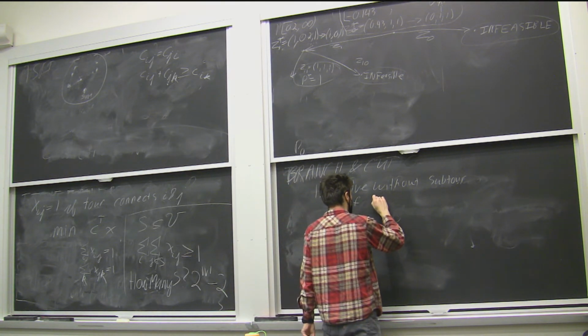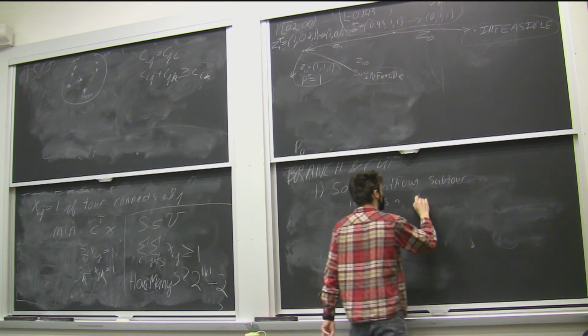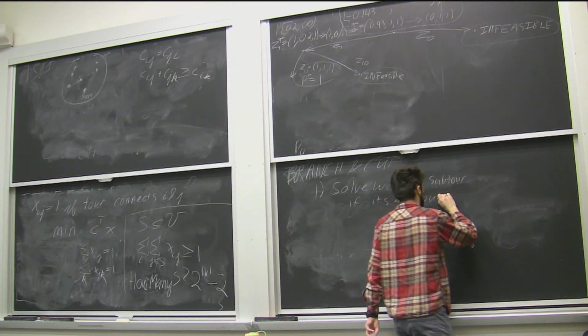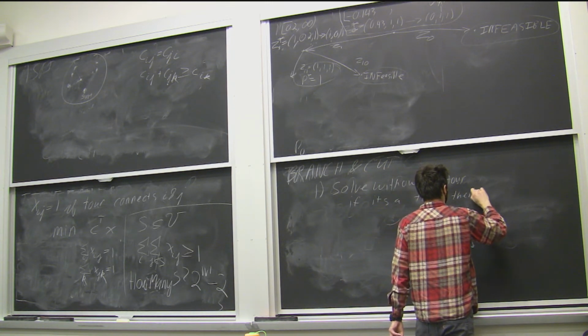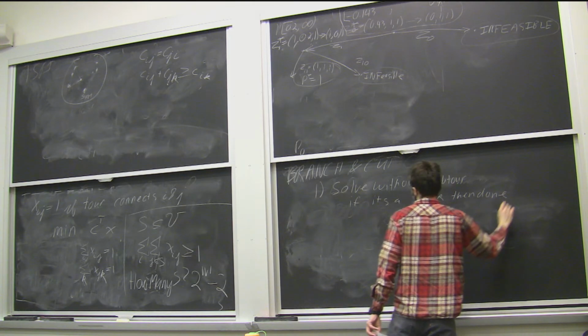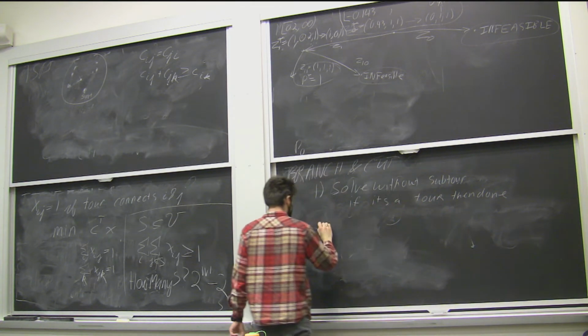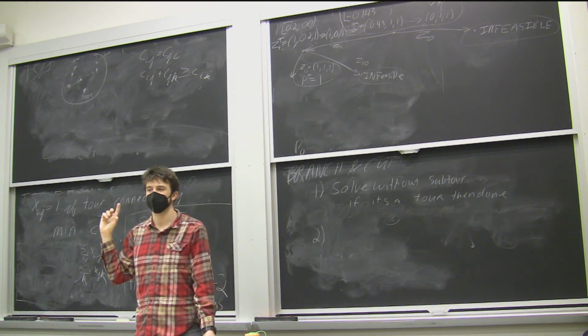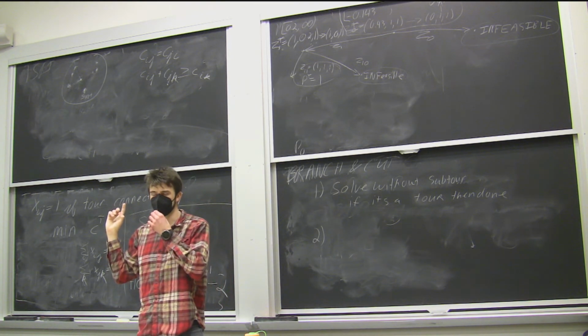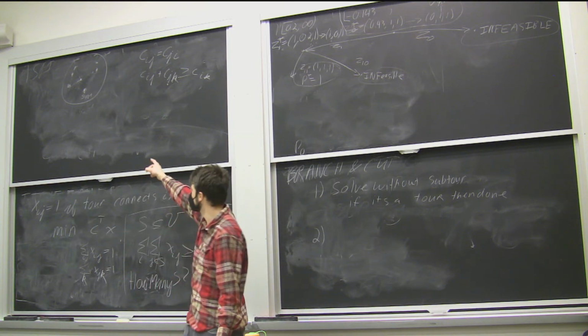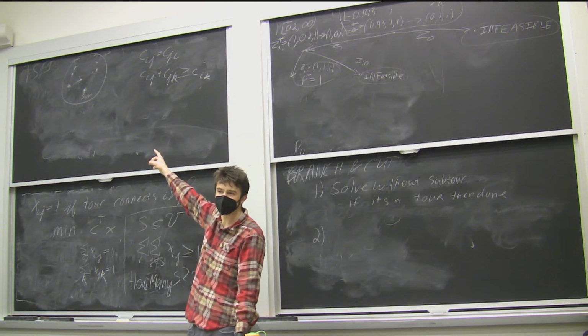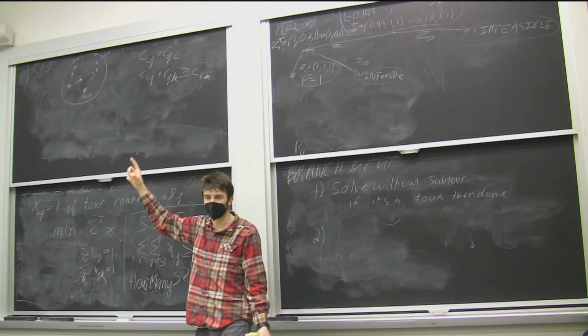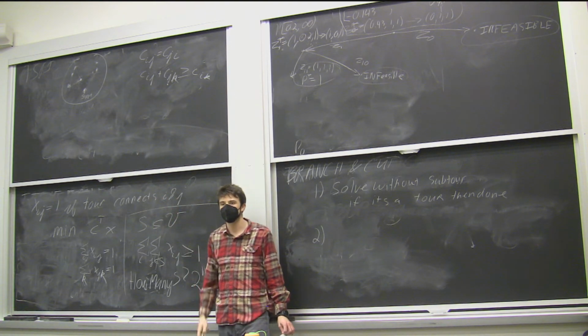If it's a tour, then done. One of the things that's really nice about this is that it's really easy to check whether the solution is actually a solution to TSP or if it contains subtours.